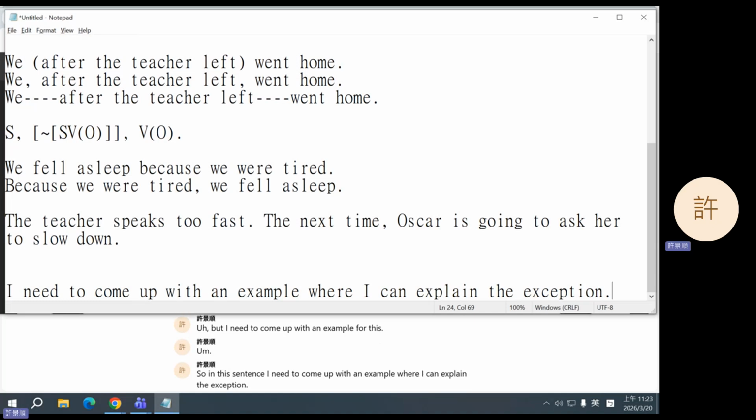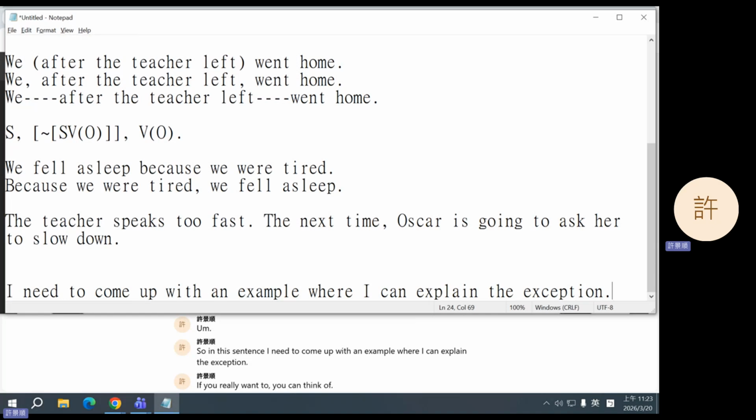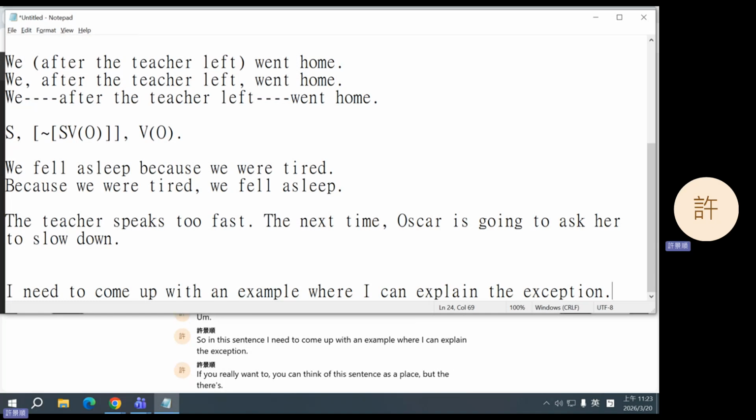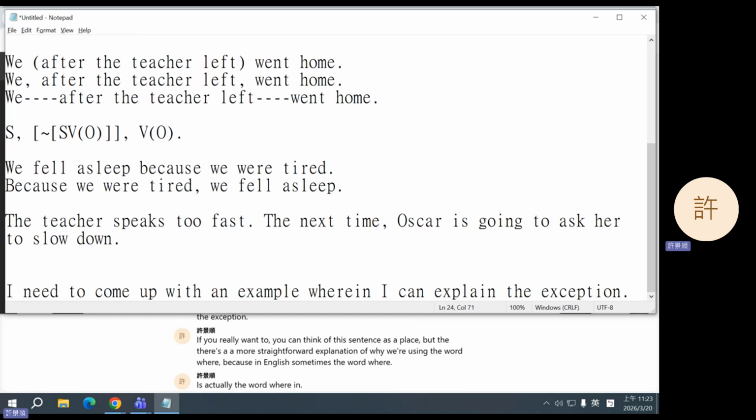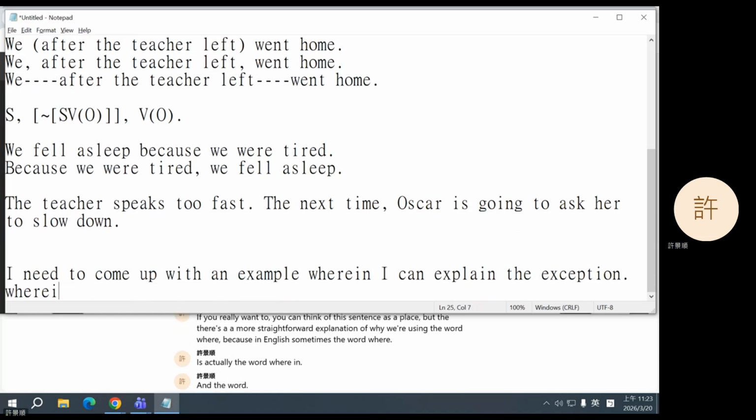If you really want to, you can think of this sentence as a place. But there's a more straightforward explanation of why we're using the word where. Because in English, sometimes the word where is actually the word wherein. And the word wherein means in which.